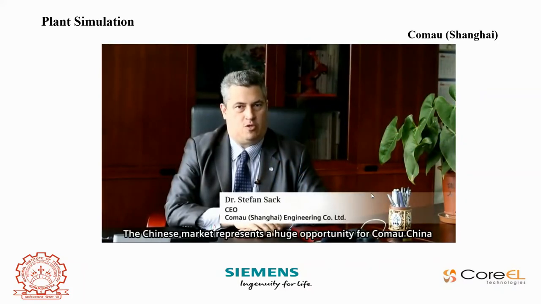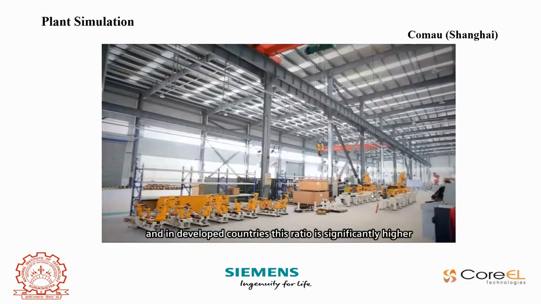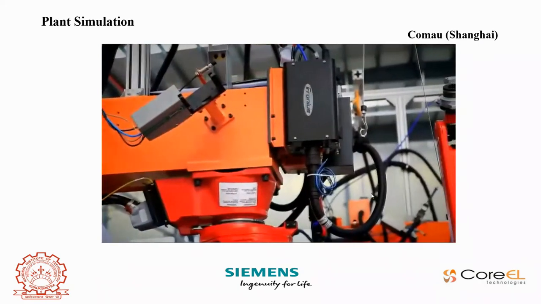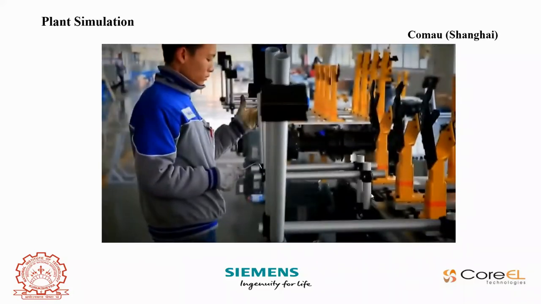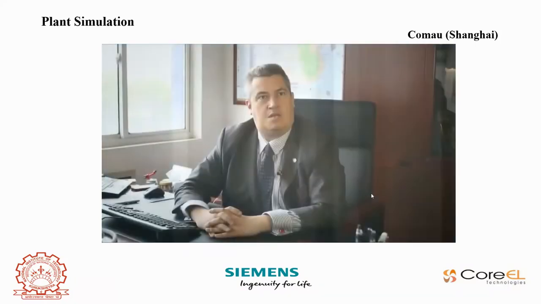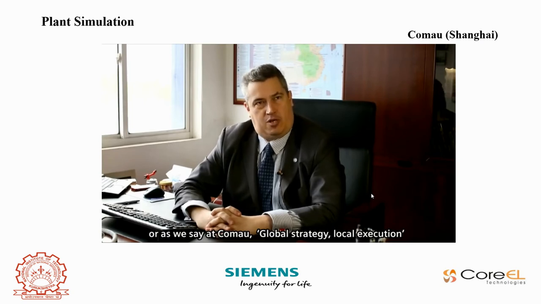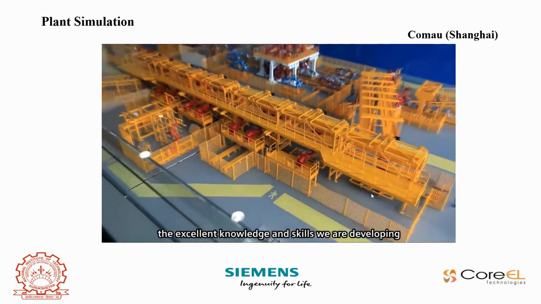The Chinese market represents a huge opportunity for Comau China. There are only 45 to 50 cars per 1,000 people in China currently. In developed countries, this ratio is significantly higher, so the opportunities in this market are huge. One of our advantages as a line builder in the Chinese market is that we are really a global company. A global line builder, as we say in Comau, global strategy, local execution. Looking forward, I can foresee that our global operations will leverage the excellent knowledge and skills we are developing.